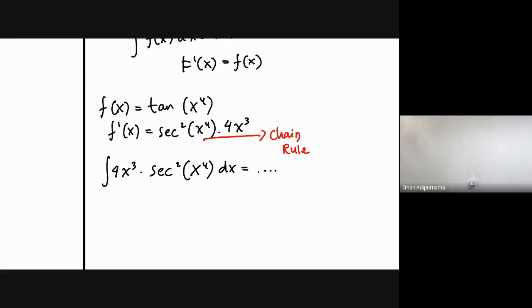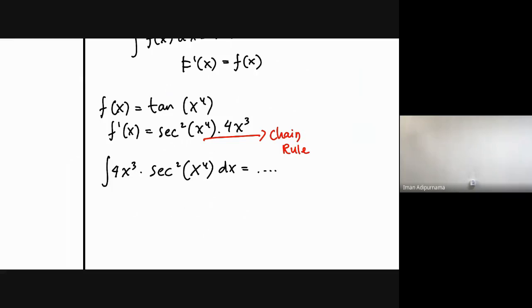But what will happen if this is not given? If this is not in the information, what will you do? In derivative, you can do it easily by applying the chain rule, right? So to integrate this, we also apply the chain rule, but in reverse.